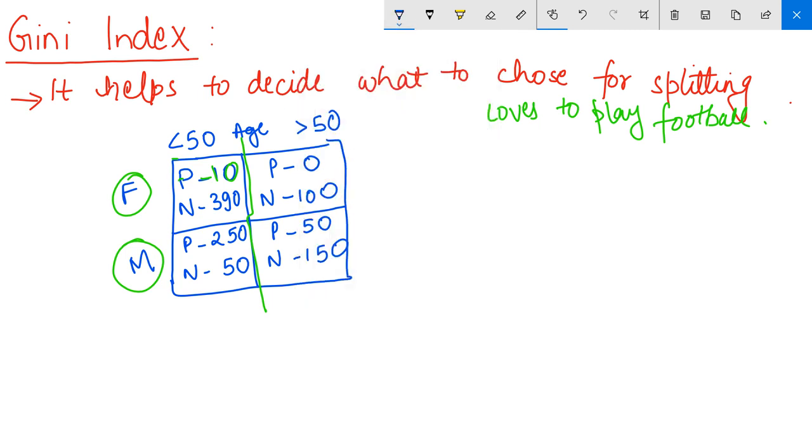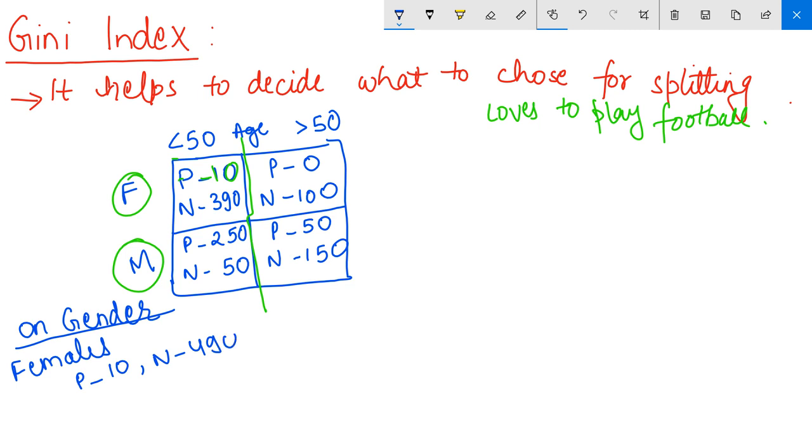I hope you are clear up to this. It is not that complicated. So if I want to split it on the basis of gender, let's take females first. 10 females play football, 490, I'm sorry, 390 don't play football.